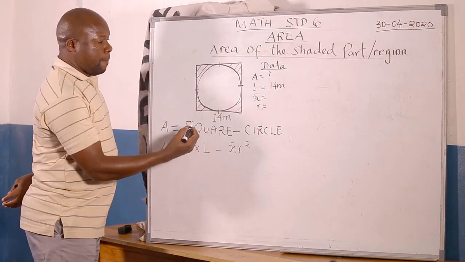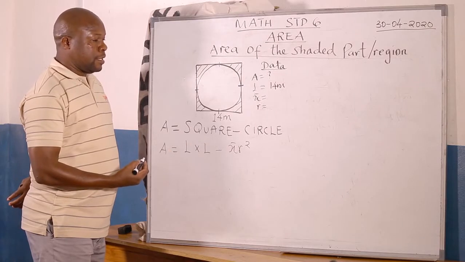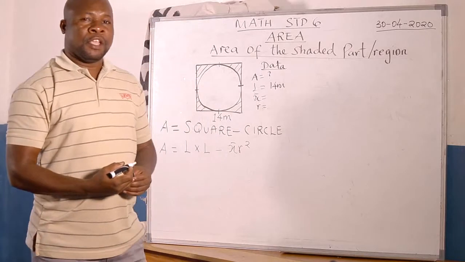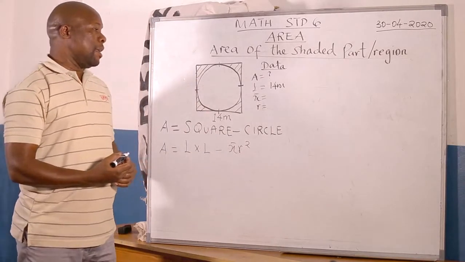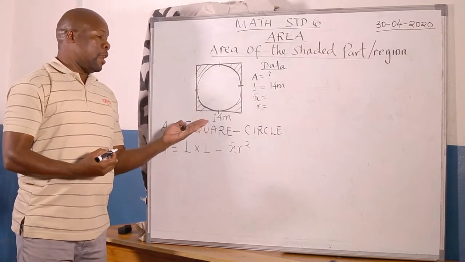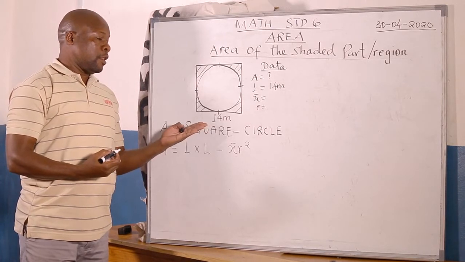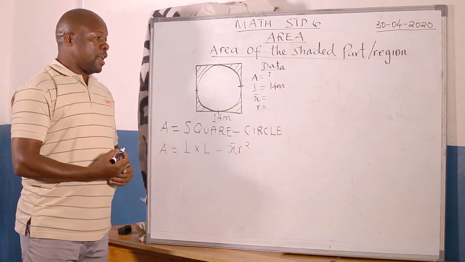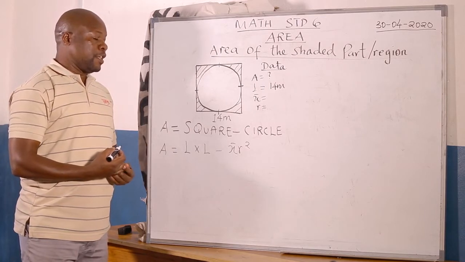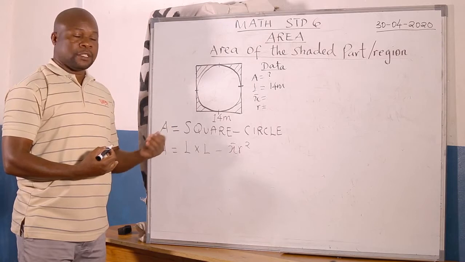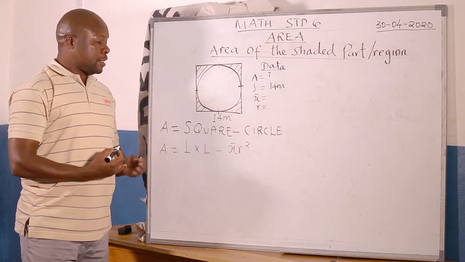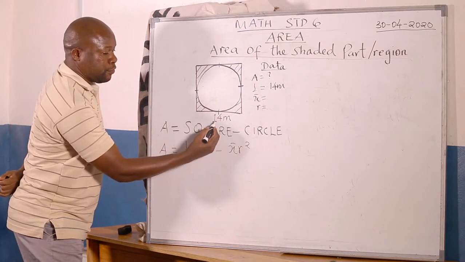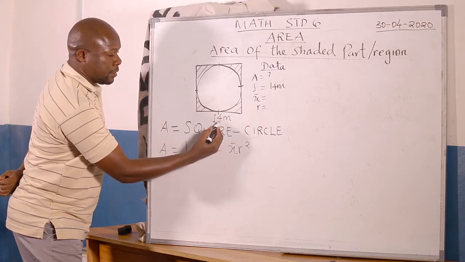Next is to check the pi to be used while calculating the area of the circle. Now, the pi to be used while calculating the area of a circle, dear viewer, is determined by the length of the square, or the diameter or the radius of the circle. In this case, the diameter of our circle is the length of the square, which is equivalent to 14 meters.